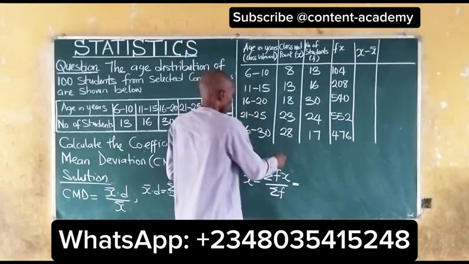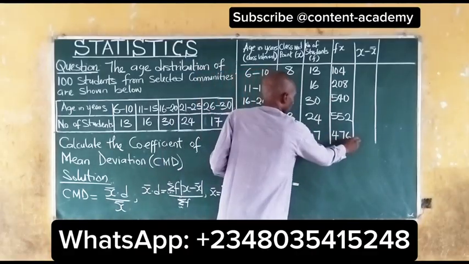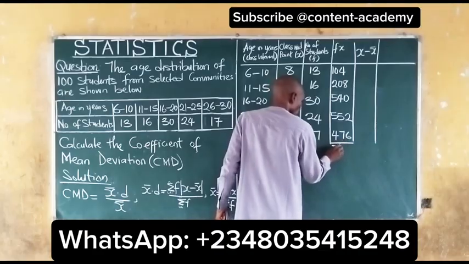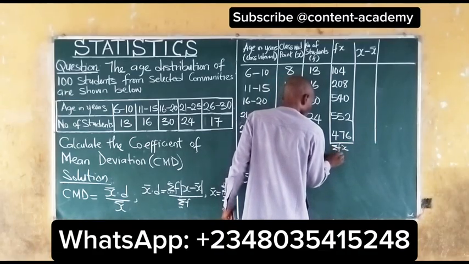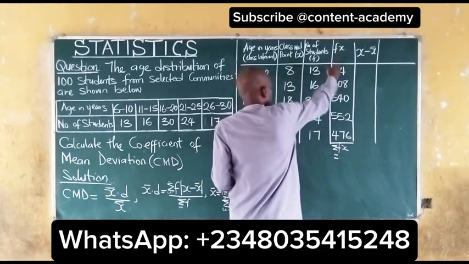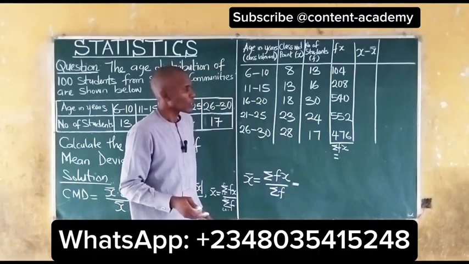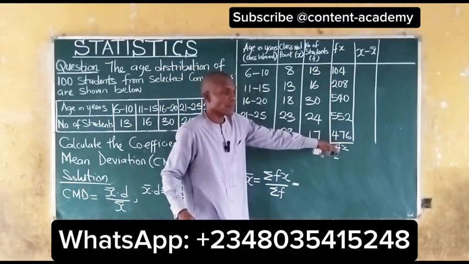Now, what is summation of f of x? The total is obtained when we add everything that is here. Summation means addition. So we add whatever we have here.